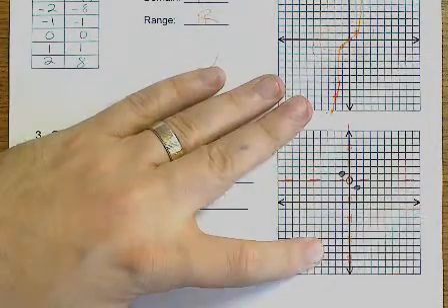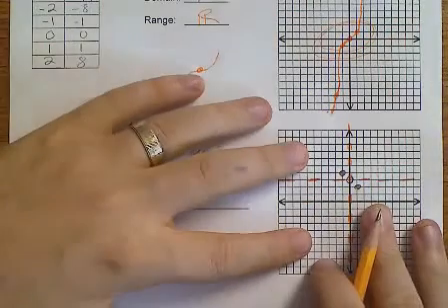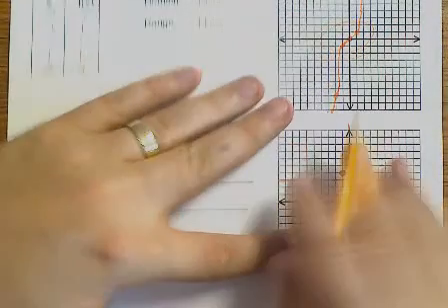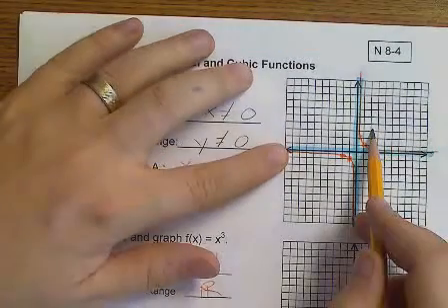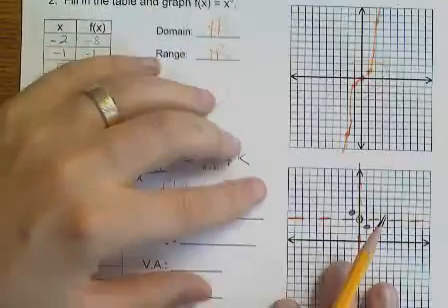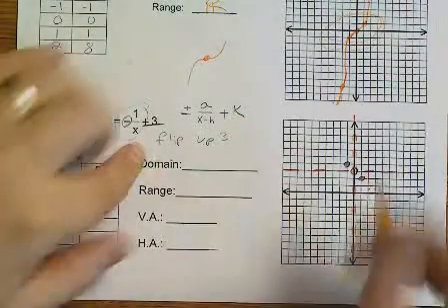Okay? It's because the line doesn't actually touch these points. And now we look to see. Well, in our parent function, we were below and above. But over here, we're above and below. That's because we flipped it. But we still follow the same rules.